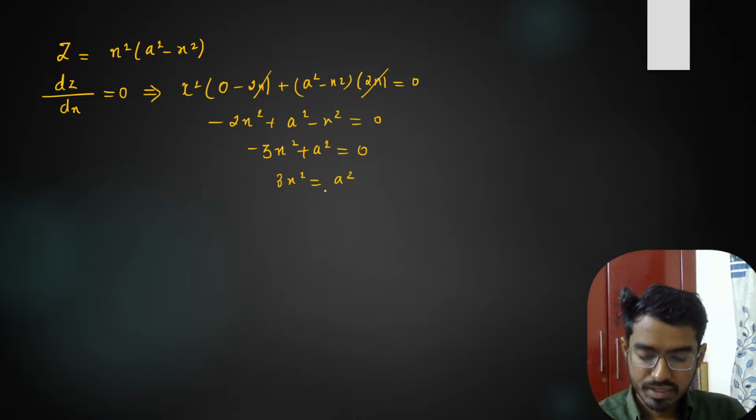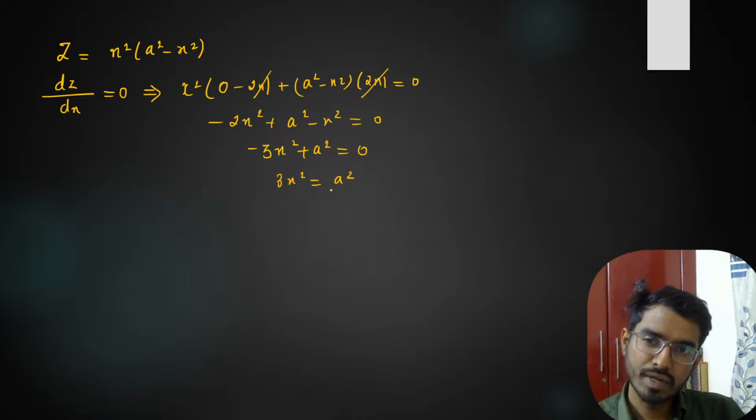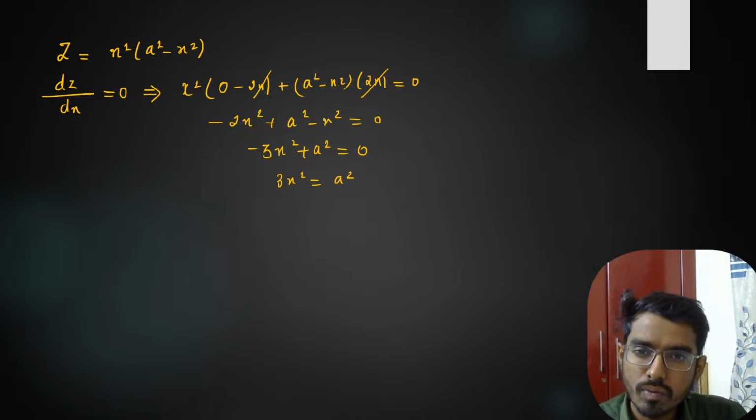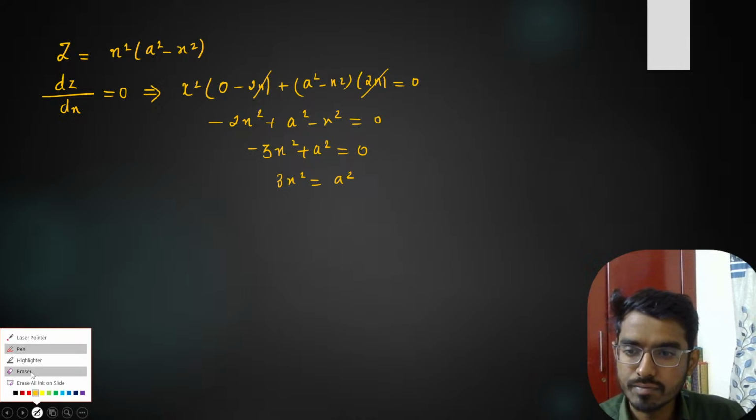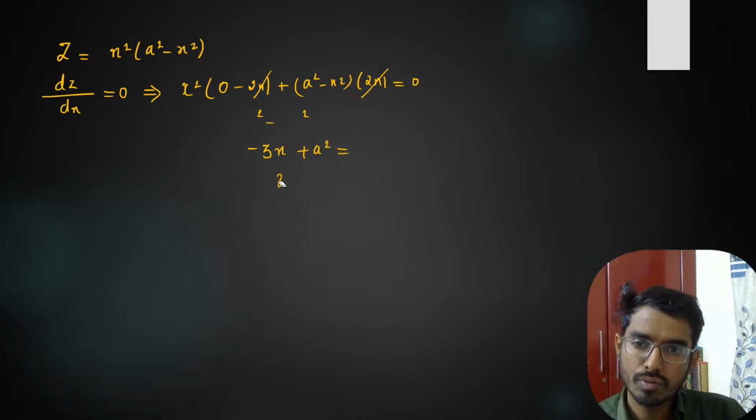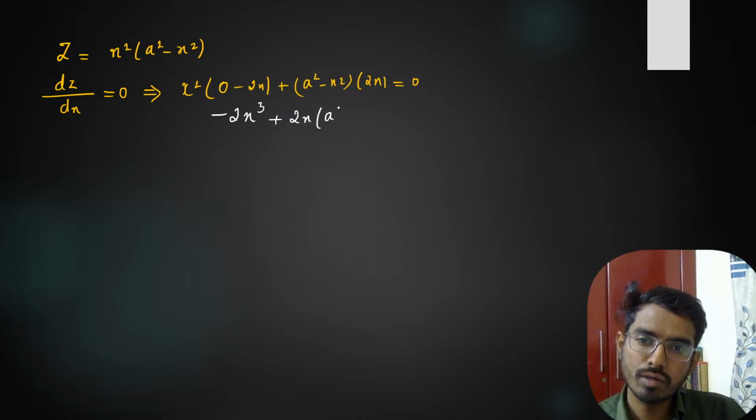I made some mistake. Forgot this 2, right? So we will have minus 2x cube plus 2x of a square minus x square is equal to 0.